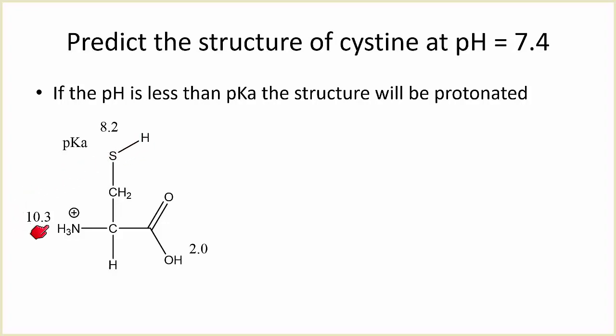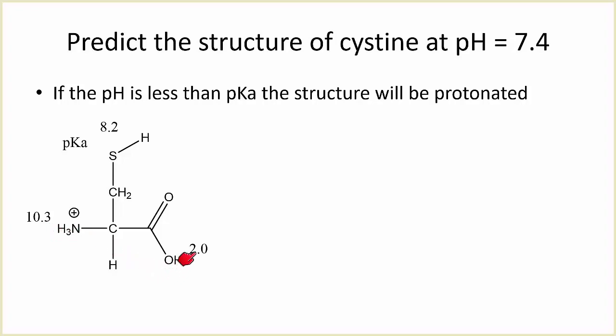If you're looking at the amino end of the amino acid, its pKa is 10.3. So if the pH is less than the pKa of 10.3, then this stays in the protonated form.